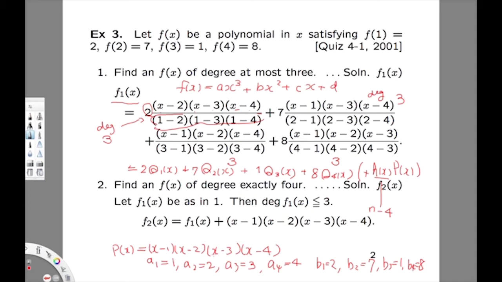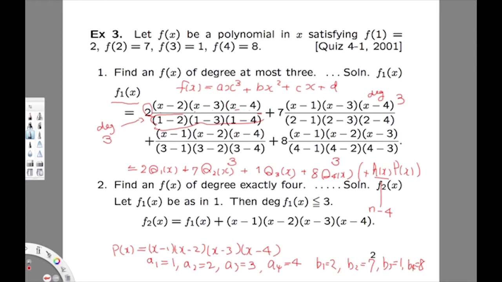Okay, let's understand what we have here. We are not interested only in the values at 1, 2, 3, 4, right? We are not considering the values somewhere else. So if you plug 1 into p of x, you get 0.